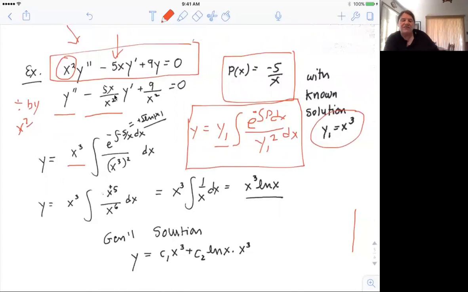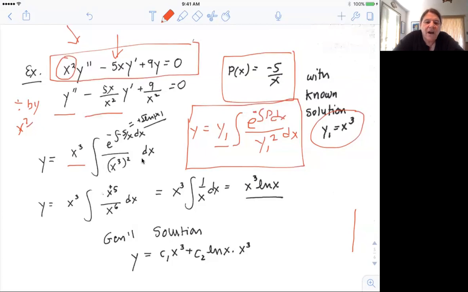Make sure you take the sign with it. Two common errors here is forgetting to divide by the leading coefficient and forgetting to take the sign with your p, which is going to mess up everything. So I wrote that down, e to the minus integral minus 5 over x, over the known solution squared. Well, that here was x cubed squared.